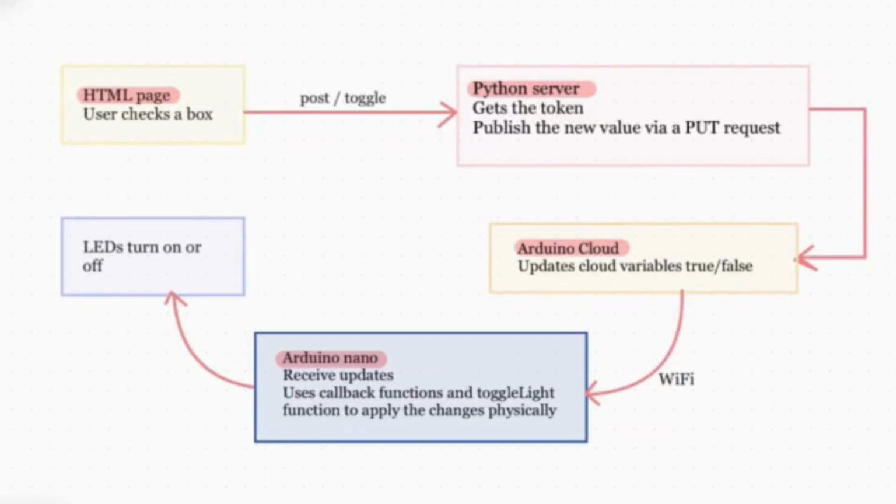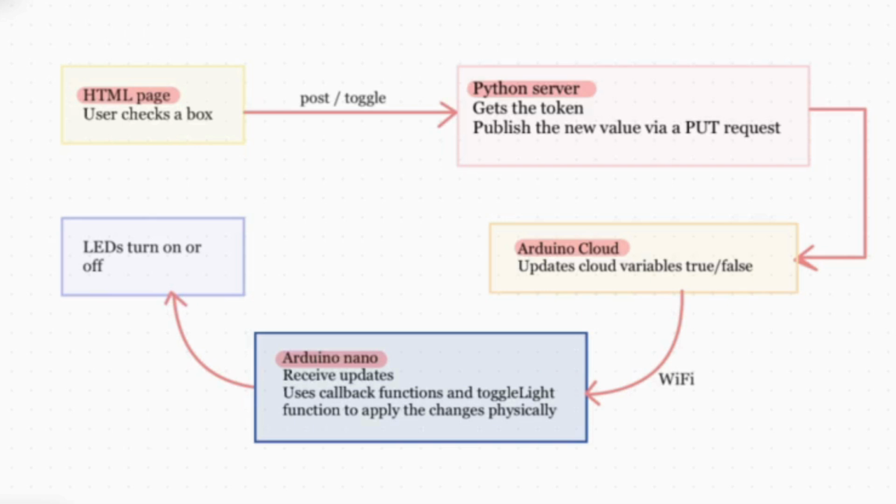So as you can see here, in the HTML page, we first check a box, for instance the living room box, and the JavaScript sends a post toggle request to the local Python server with the room name and the true or false value.